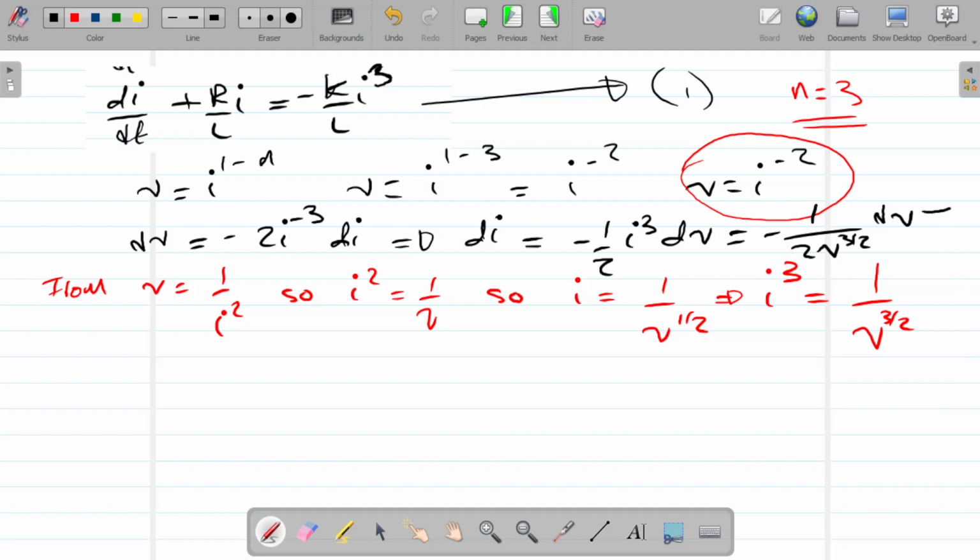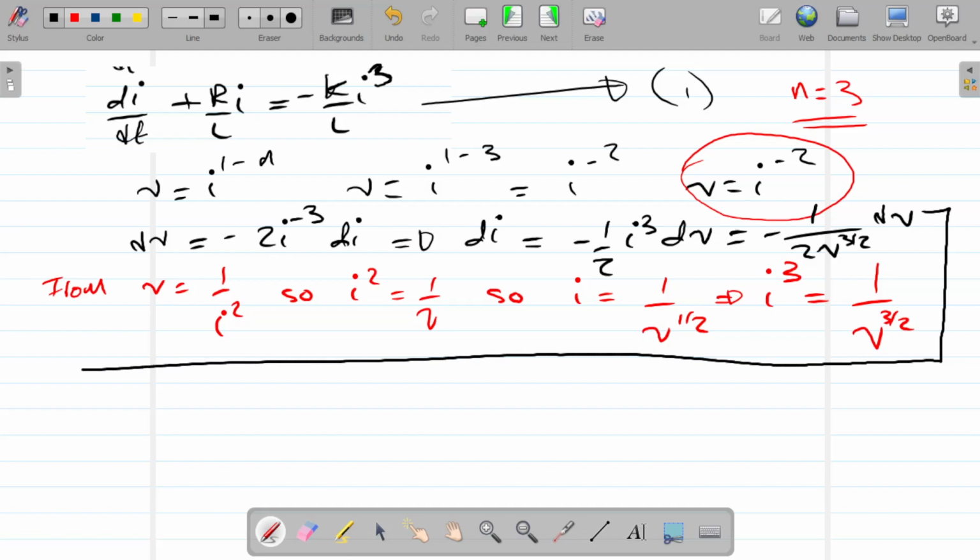I know my working is looking a bit messy, but anyway, we have di equals minus 1 over 2v to the 3 over 2 dv, and we can divide by dt on both sides to get that.